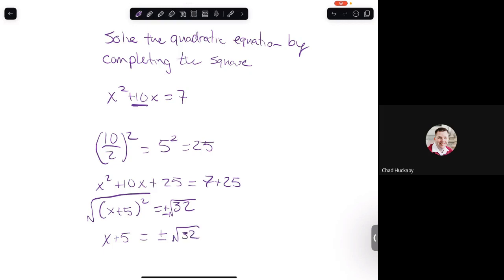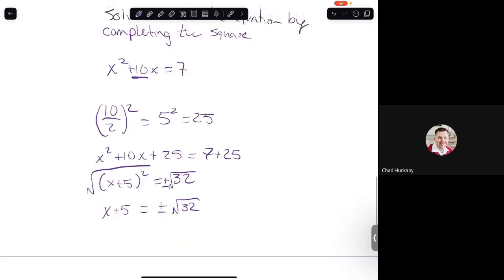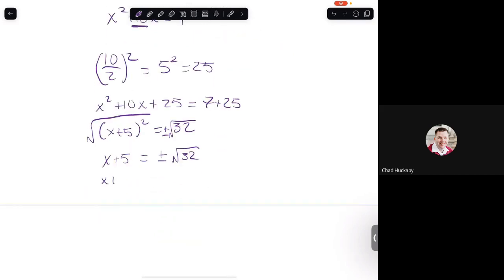Now, can we simplify the square root of 32? We can. So x plus 5 is equal to plus or minus the square root of 16 times the square root of 2. One more rewrite, x plus 5 is equal to plus or minus 4 times the square root of 2.